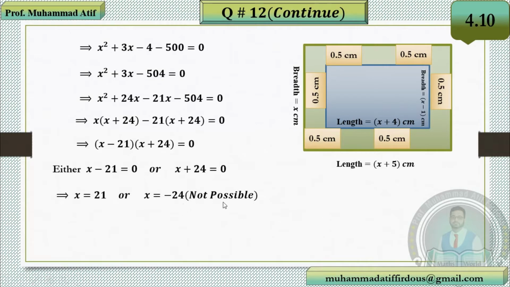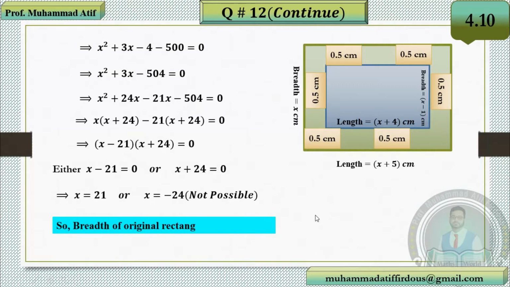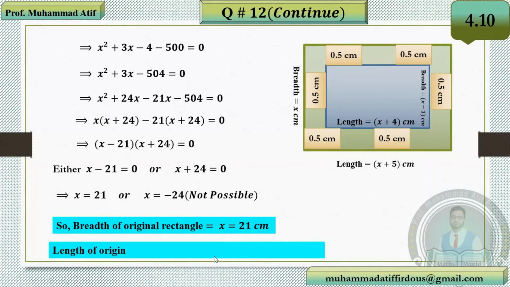So ignore the negative value because we have to find a length and breadth. So we have x equal to 21, meaning the breadth of the original rectangle must be equal to 21. Then the length of the original rectangle is, as we supposed, x plus 5.